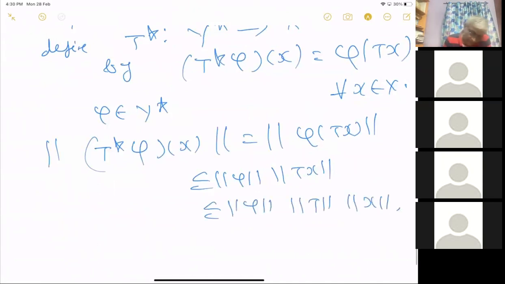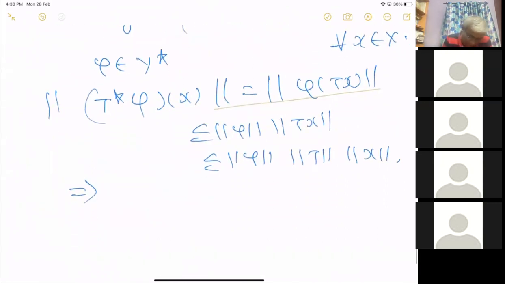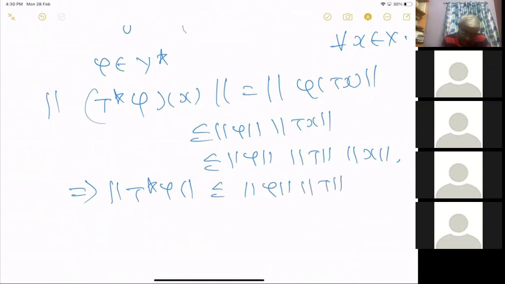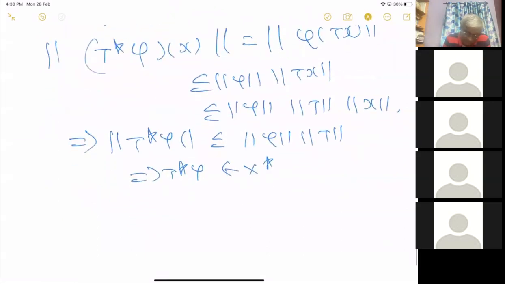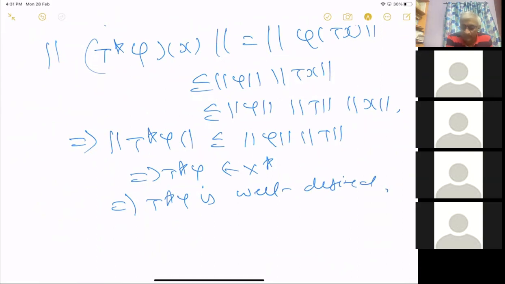Sorry, this is where I am verifying that it is actually well defined. So this implies norm of T star phi is less than or equal to norm phi times norm T. So this implies T star phi is indeed in X star. So T star phi is well defined.